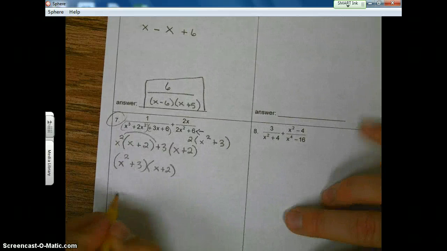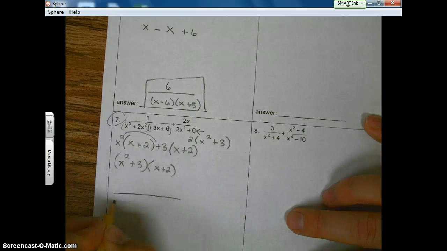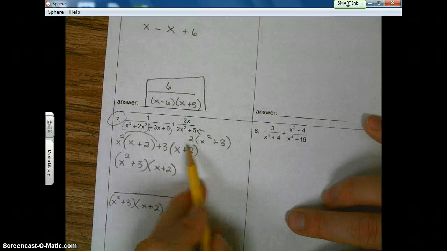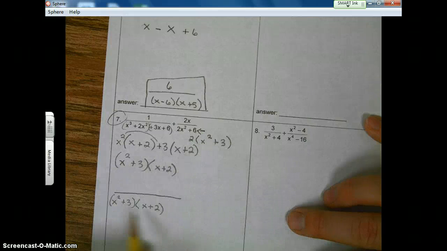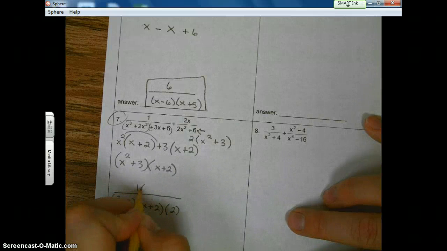Alright, common denominator. I need to, first of all, write this down. X squared plus 3. X plus 2. Now let's look. Does this denominator have anything that this one needs? Sure, it needs a 2. So 2 is going to be what I multiply the 1 by on top.